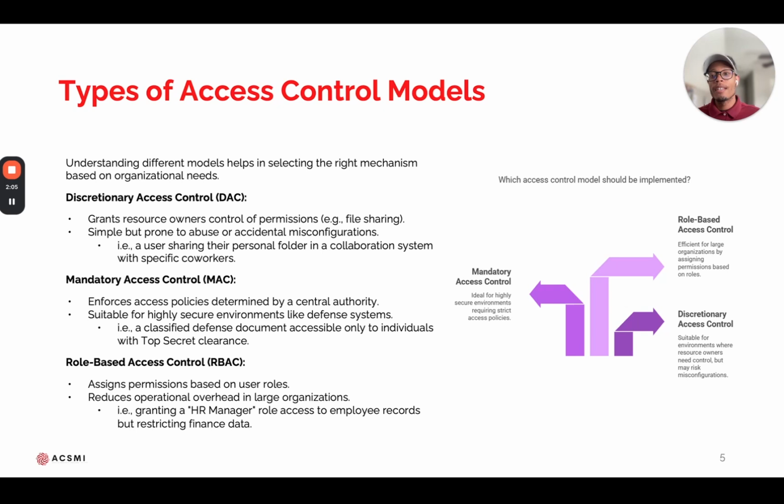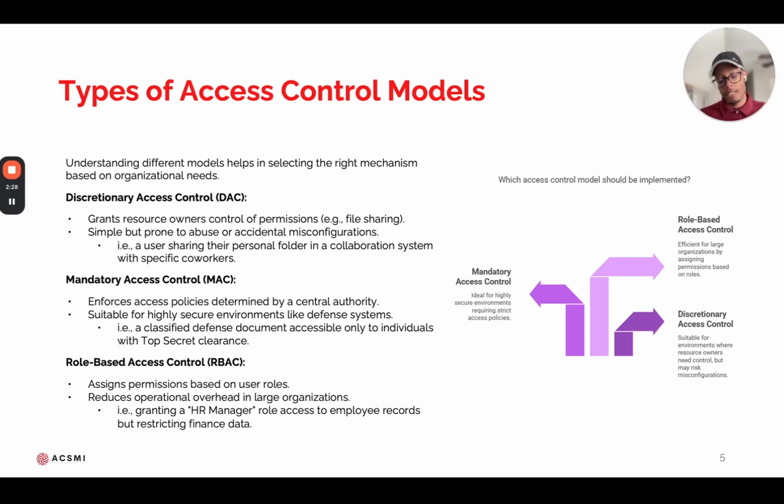Or look at it this way, it's a user sharing their personal folder. That's different. Whereas if you're looking at it from the mandatory access control, this is all about saying, okay, we have a classified defense document. Let's say it's a top secret or secret, and it's only accessible to those individuals that have that certain classification.